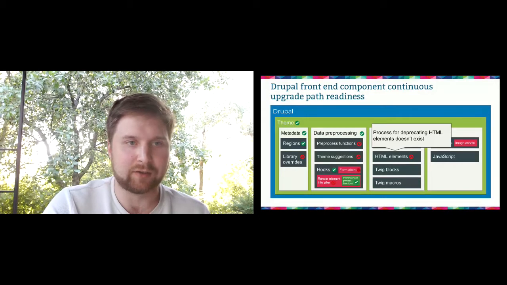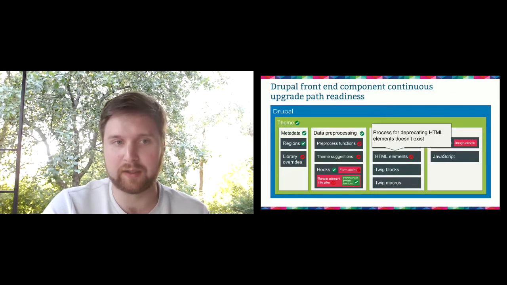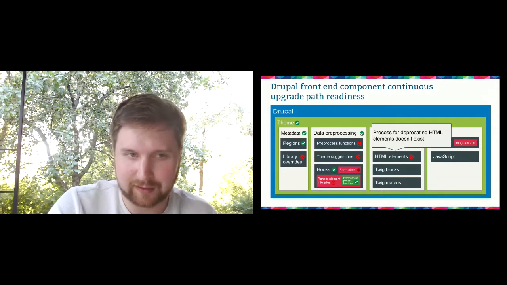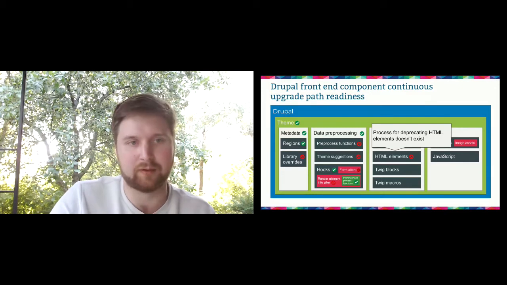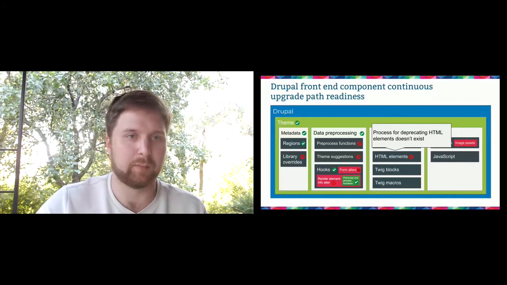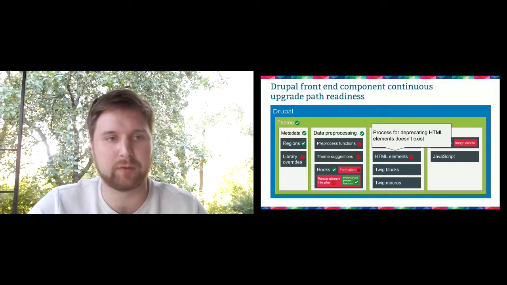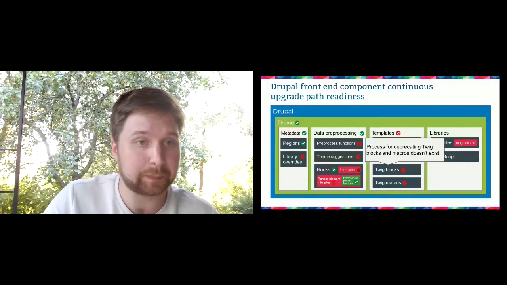We have HTML elements that you can use inside templates. We don't have a process for deprecating those. Now, that doesn't necessarily make that much sense because HTML is not a programming language, so it's not going to be possible to introduce deprecations there, but just for the sake of marking it here, we don't have a process for that. We don't really have a process for making changes other than just deprecating a whole theme.